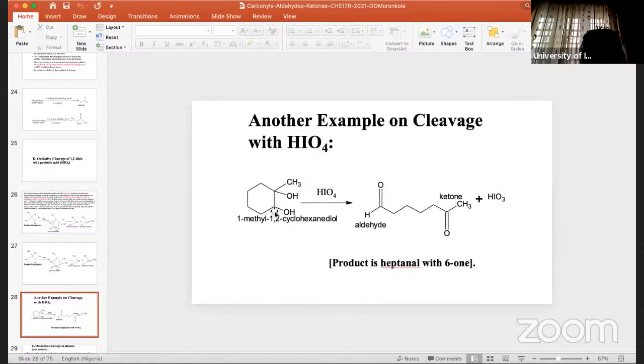Whereas this carbon bonded to this OH has one hydrogen that makes it tetravalent, though I didn't show it here, there is a hydrogen bonded to it. After the cleavage with the periodic acid, it is what is responsible for the aldehyde functional group on the other side. So this final product, if you name it by IUPAC, is 6-oxoheptanal, that is, on carbon number 6 you have the oxo group.